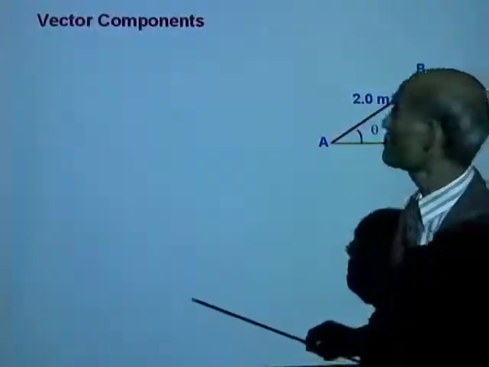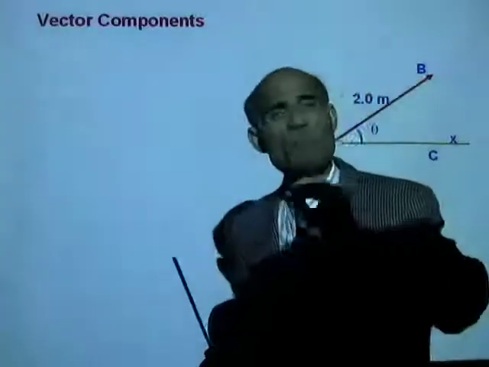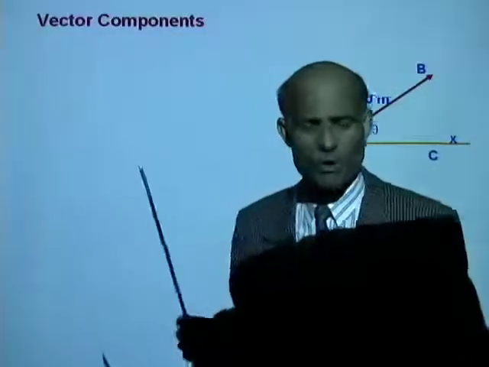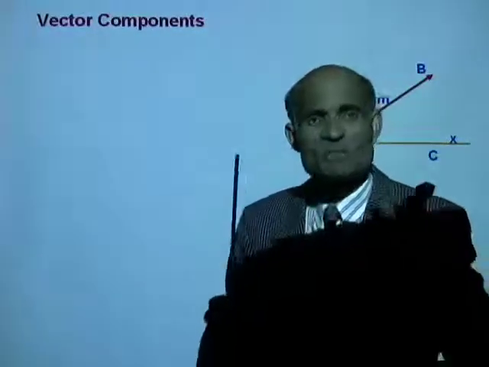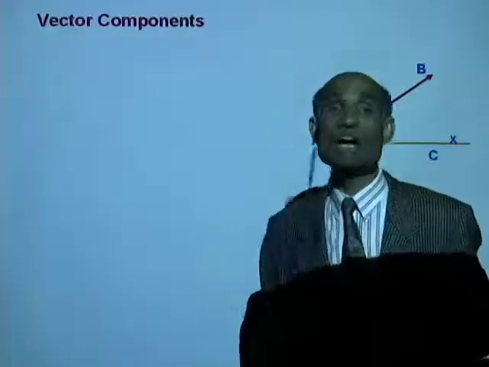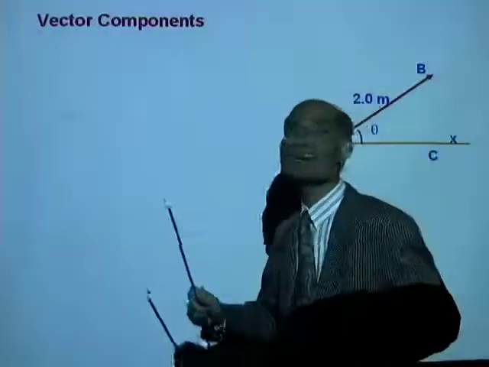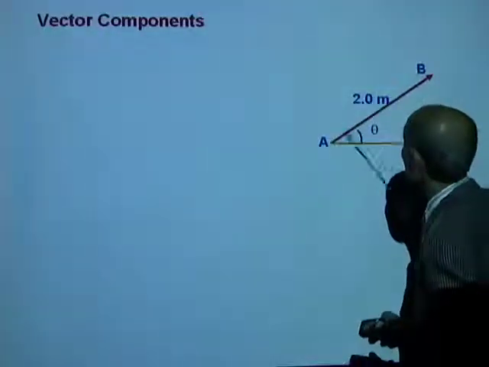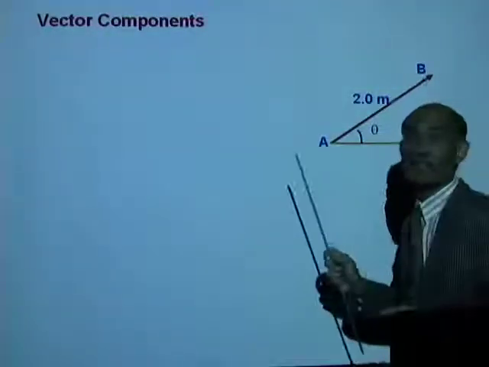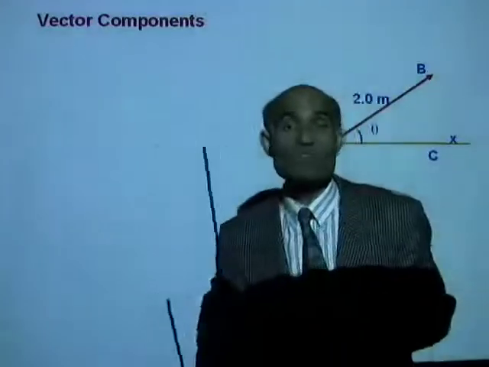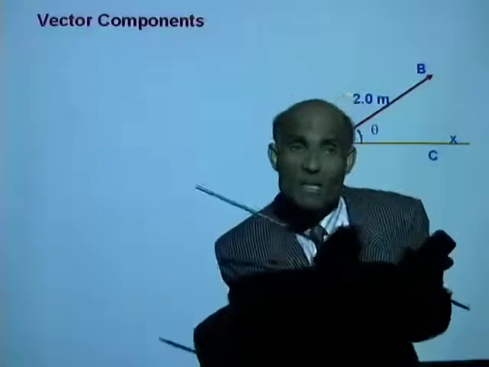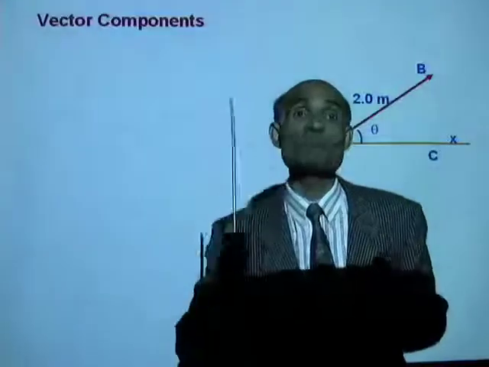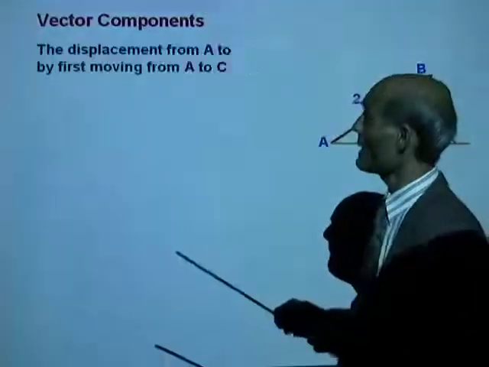Okay, let's now talk about vector components. A very important concept, so pay special attention to it and learn that concept. What is the meaning of vector components? If this is a vector, vector AB, that vector can be constructed by two simple components. Let's talk about that.